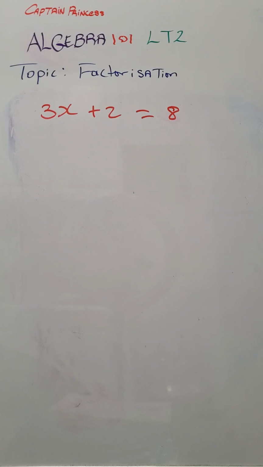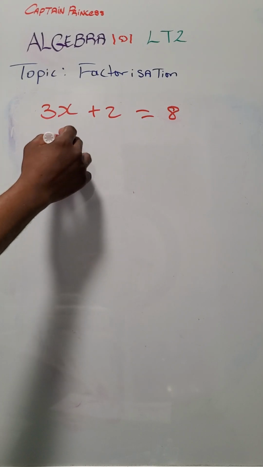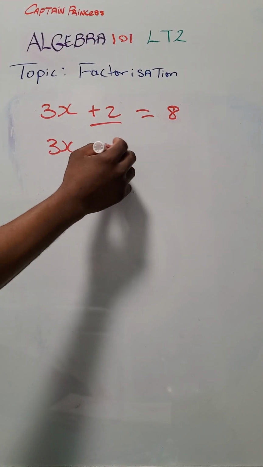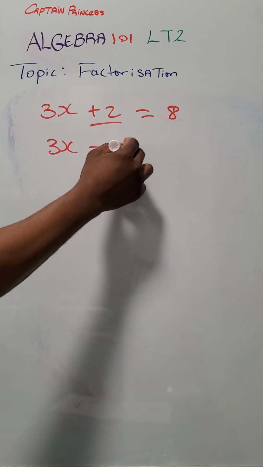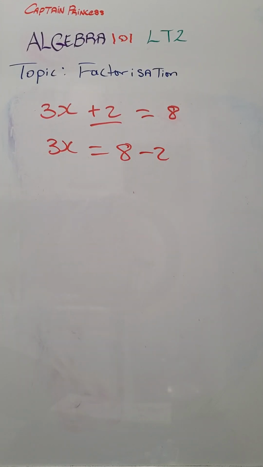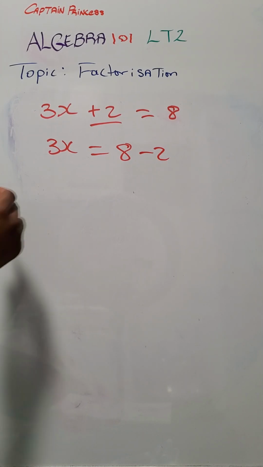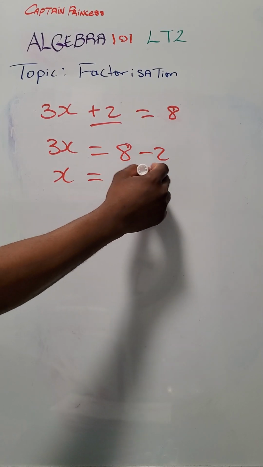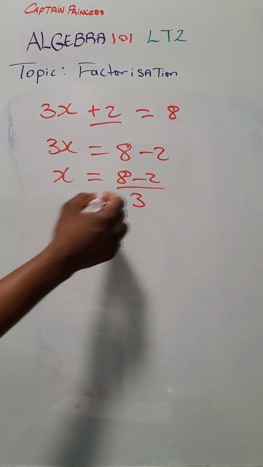Now I'm going to do it without doing the working out at the same time, and then I will show you what I'm talking about. We're going to move whatsoever is farthest away from x, which is this. So we're going to have equal 8. And you know the 2 will come over as negative 2. I'll speak the answer before I write it. Sometimes that happens. So we're going to have x equal to (8 minus 2) all over 3.